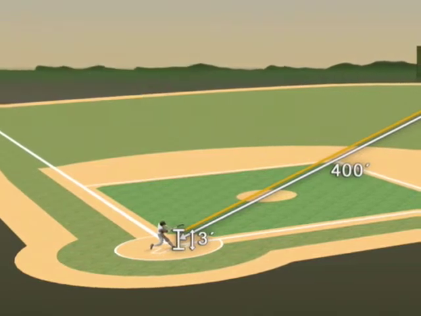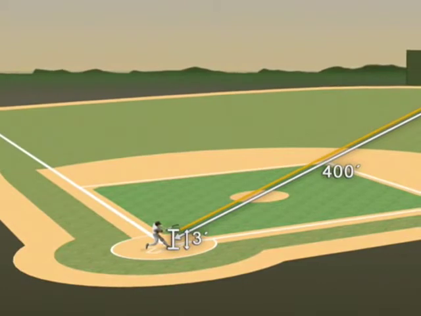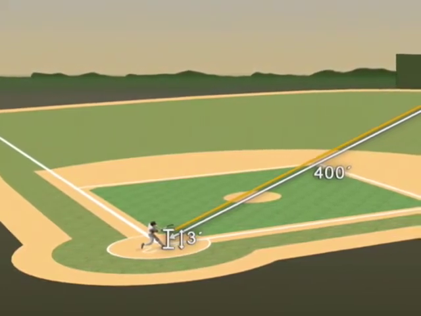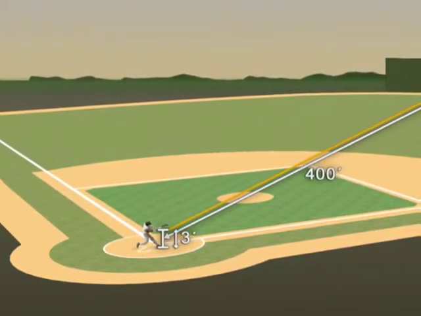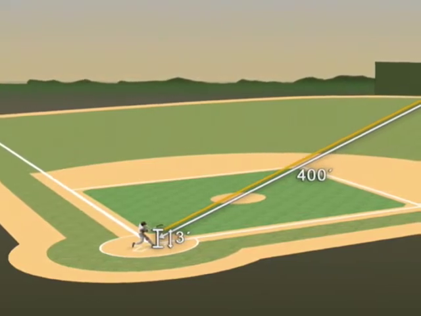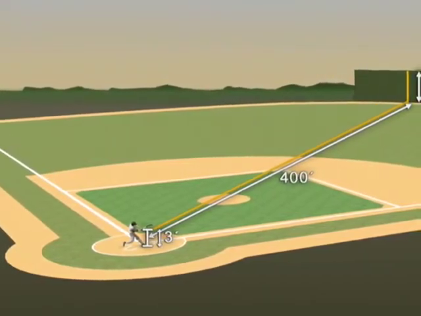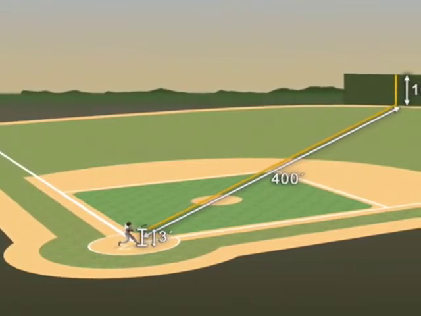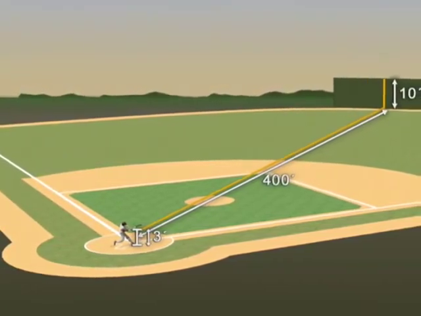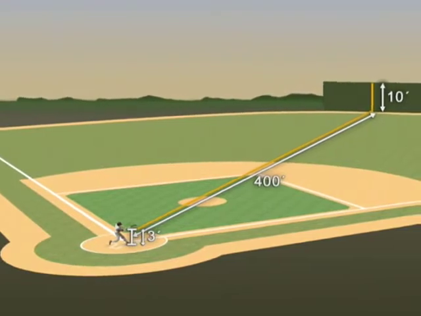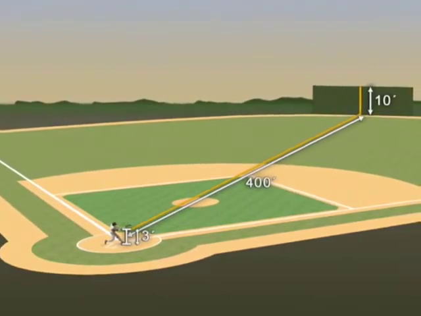Suppose the initial speed of this baseball coming off the bat is 100 miles an hour. I know some pitchers can throw the ball 100 miles an hour, so let's assume it comes off the bat at 100 miles an hour. If you change units, that turns out to be 146.67 feet per second.